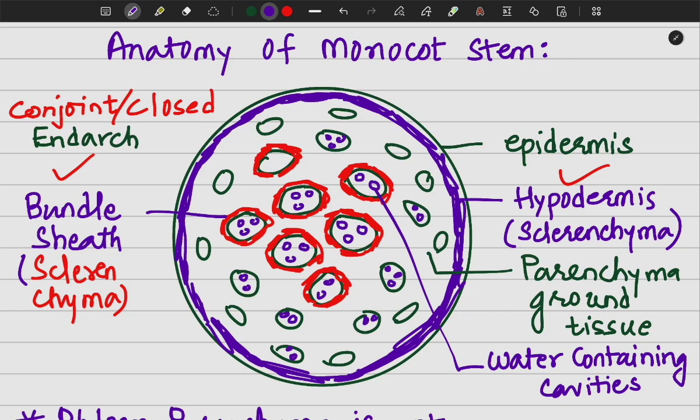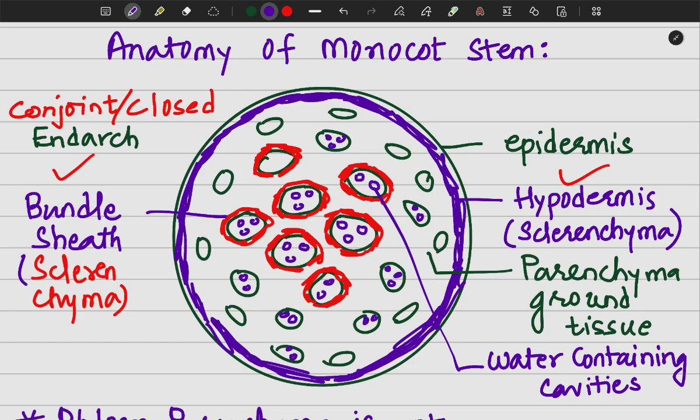Only the parenchyma is ground tissue covering the whole internal part of the stem, and in that ground tissue we will find the vascular bundles scattered. These vascular bundles will have water containing cavities, and they are conjoined and closed type. They will be covered by a bundle sheath made up of sclerenchyma.